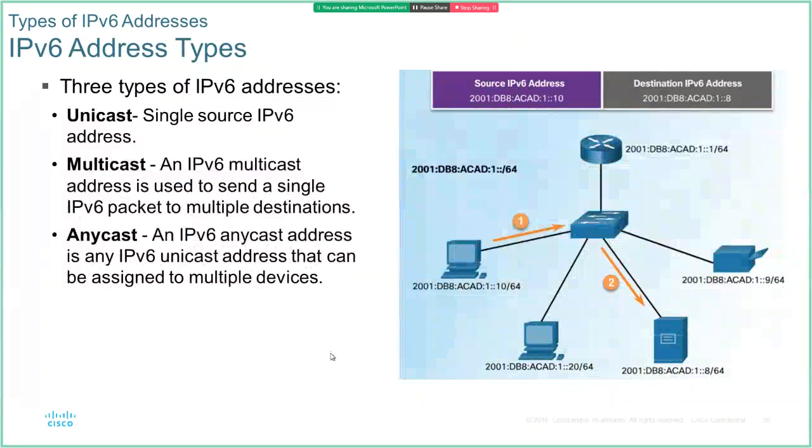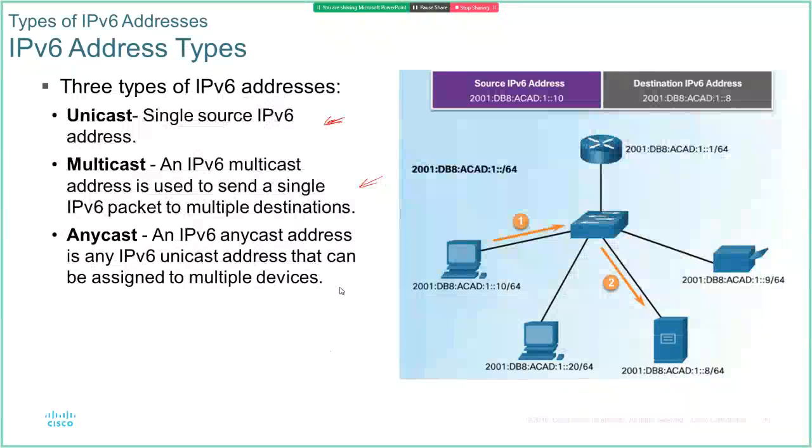Now, we also have 3 types of addresses within IPv6, but we don't have the broadcast. So a unicast still exists, that's our one-to-one. Our multicast is one-to-many. And then an anycast address is a unicast address that is assigned to multiple devices.